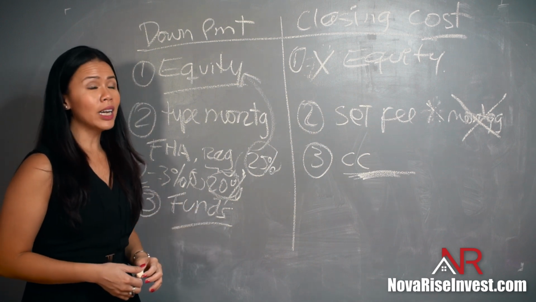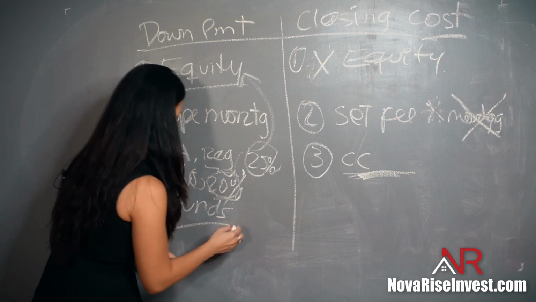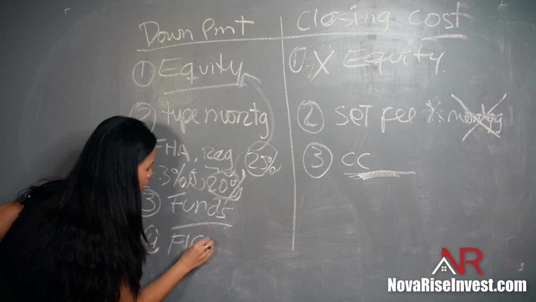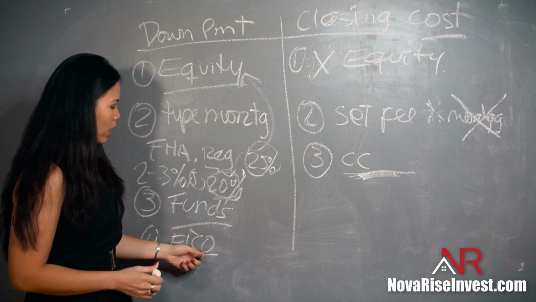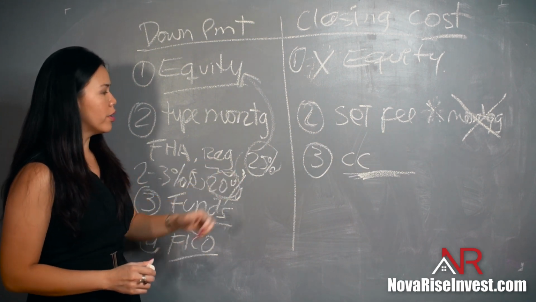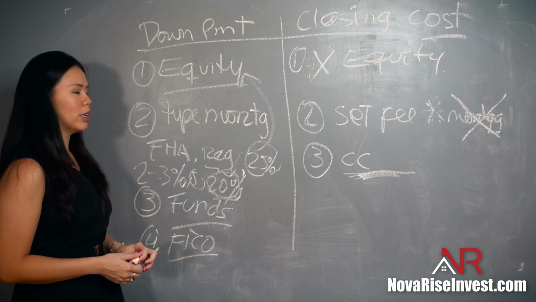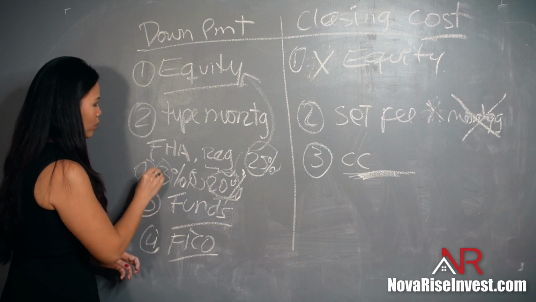Another thing I wanted to highlight is that the down payment could get impacted by your credit score. So we're going to see here 5, and I'm just going to write FICO for your FICO score. Why exactly? Because depending on your FICO score, depending on the loan that you ask for, they might require a higher percentage. Maybe you did qualify for an FHA, but maybe the bank decided not to give you the 2%.